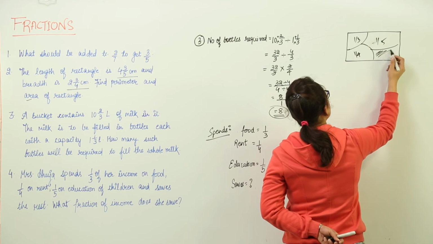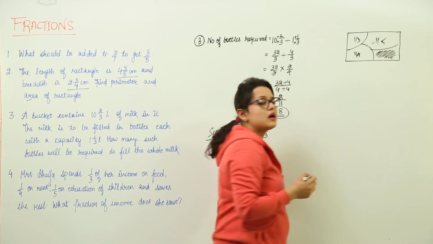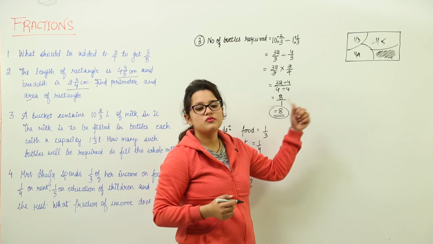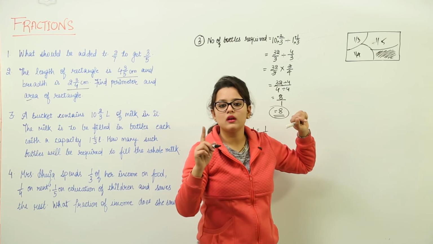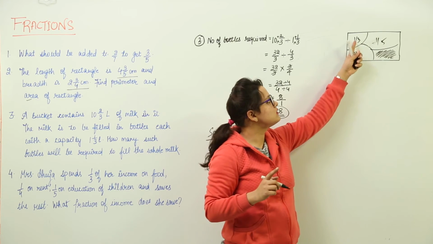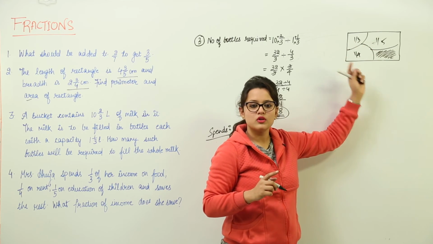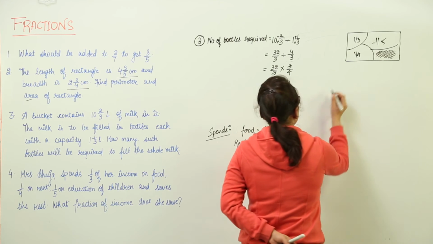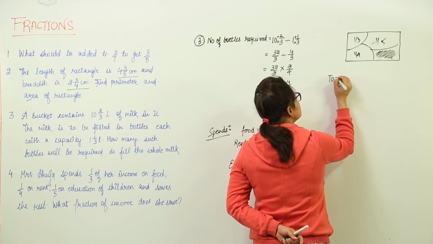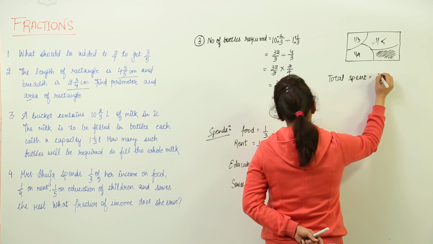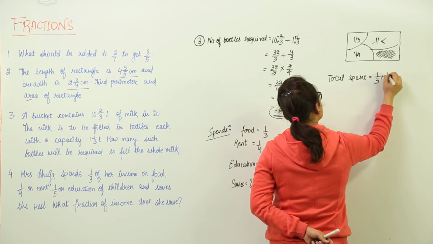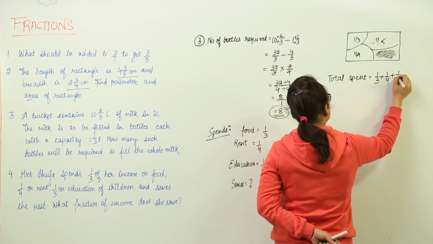Now you have to find the one part that has been saved. How will you find this out? Now this total will be represented with 1 whole, and these are the 3 fractions that were spent. So what are we going to do? We will find the total spent, right? And the total spent would be 1 by 3 plus 1 by 4 plus 1 by 5.